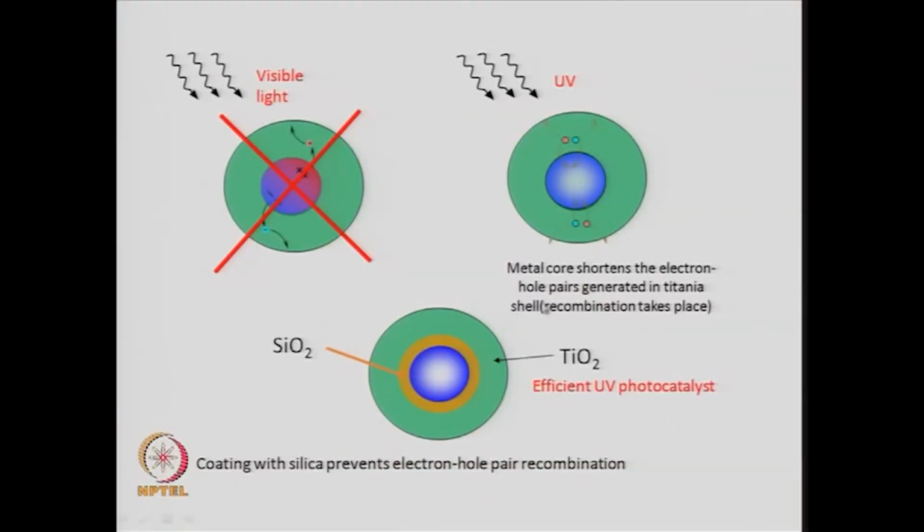So, these are three models. One model is not effective in visible light, the second model is not effective in visible light and also not efficient in UV light, and this is a model which is not effective in visible light, but a very good catalyst in UV light.